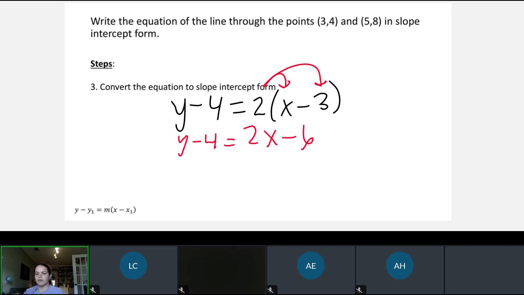Good job. I'm just giving everyone some time to think. Yep. We're going to add 4 exactly. So y equals 2x minus 2. Exactly. Good.